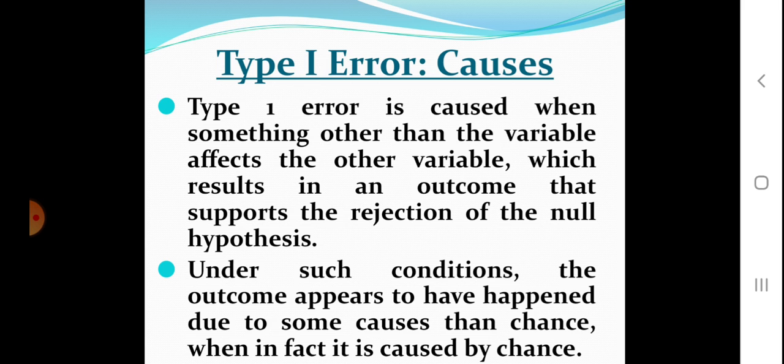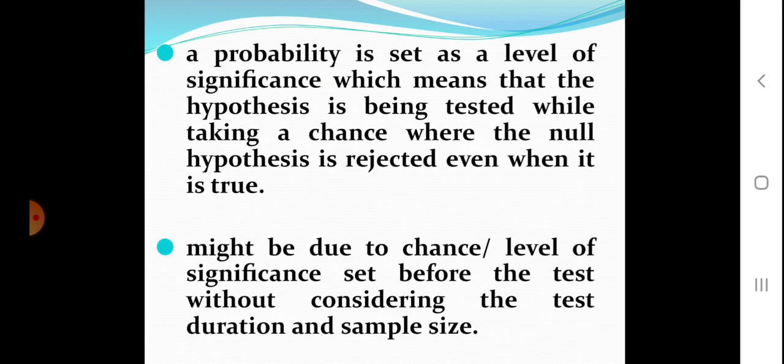Before a hypothesis is tested, a probability is set as a level of significance, which means that the hypothesis is being tested while taking a chance where the null hypothesis is rejected even when it is actually true.